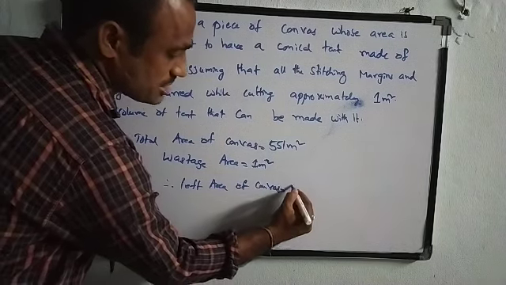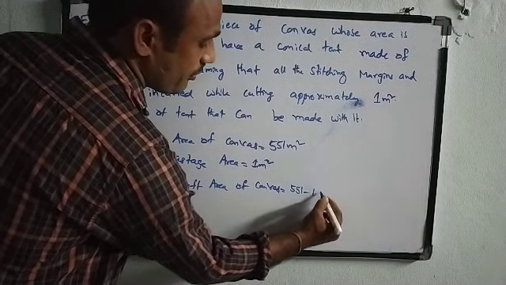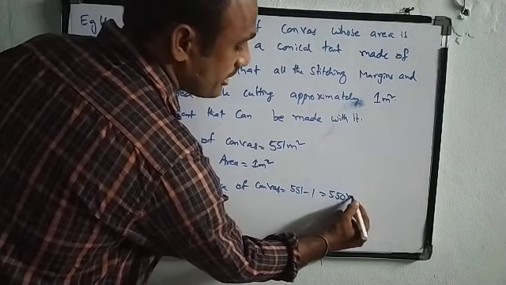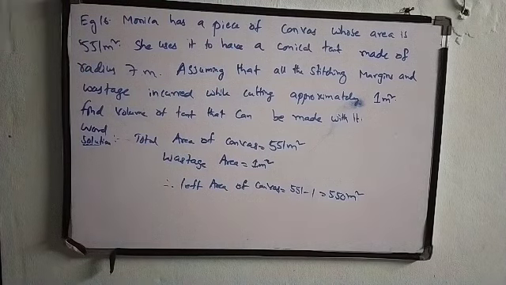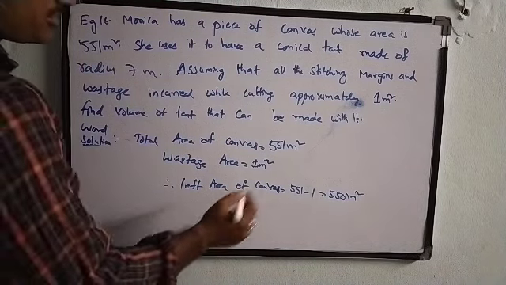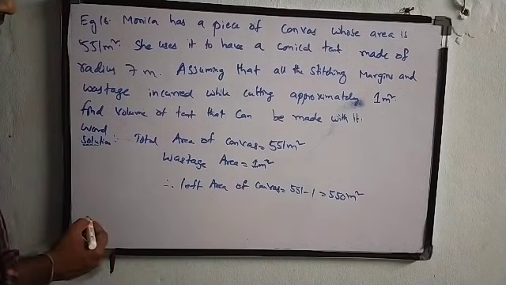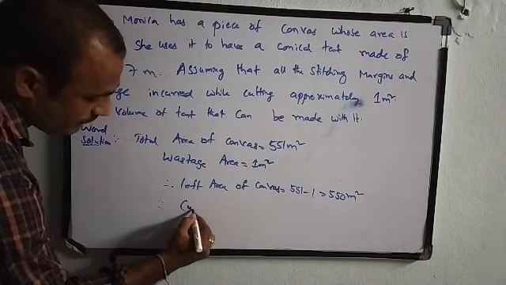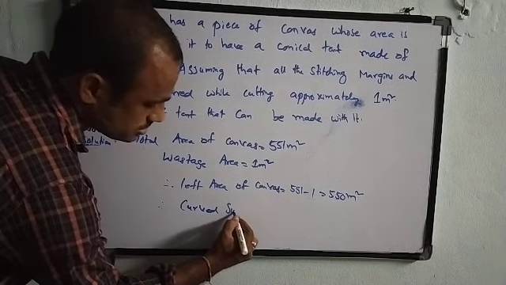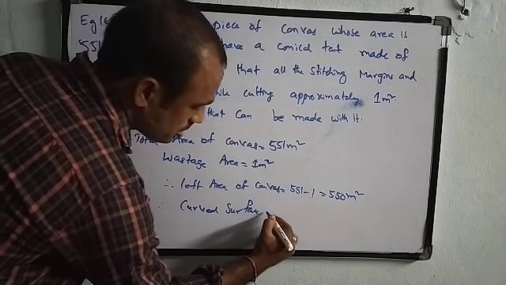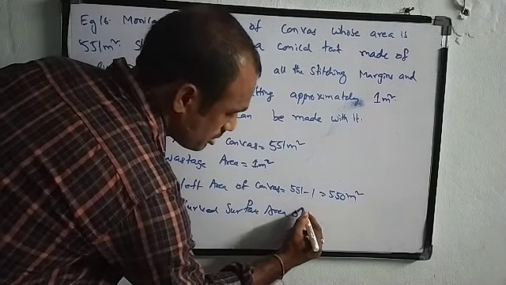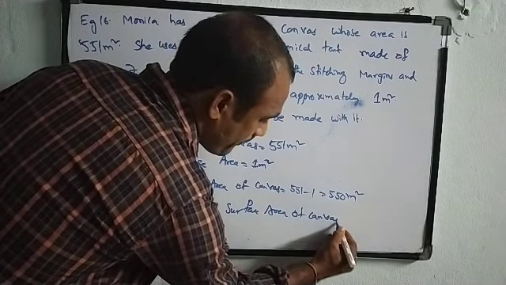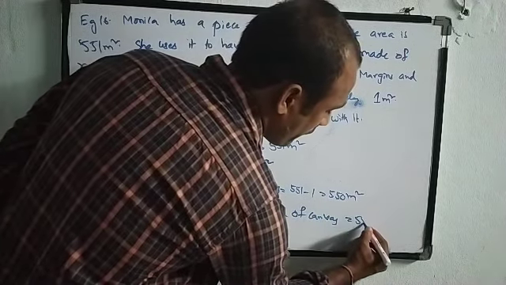So apart from the wastage, whatever the left area is there, that is 551 minus 1, that is 550 meters square. So this is the left area of the canvas. So this will be therefore curved surface area of canvas is equal to 550 meters square.